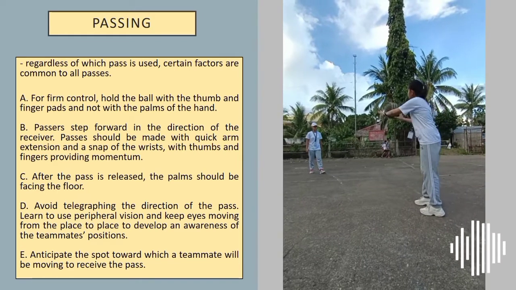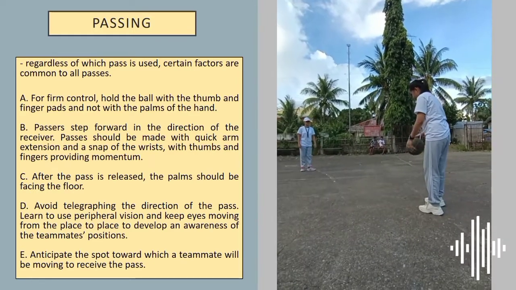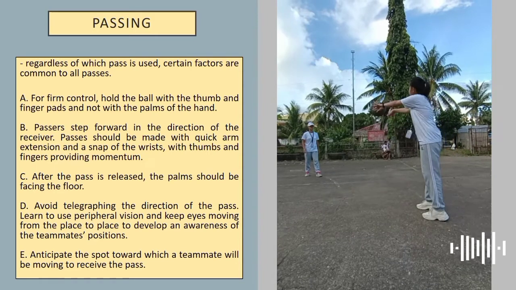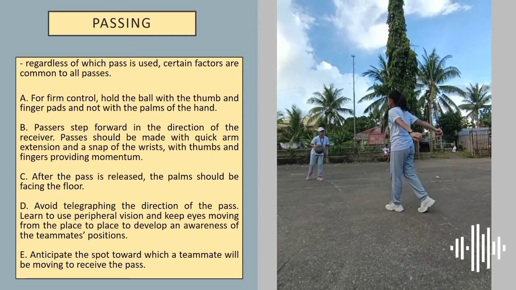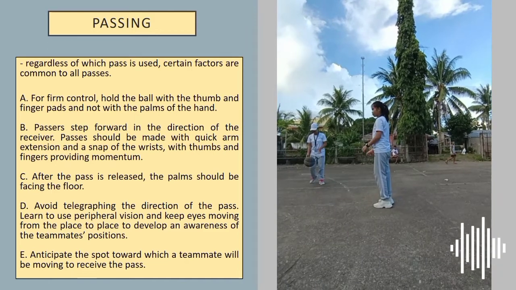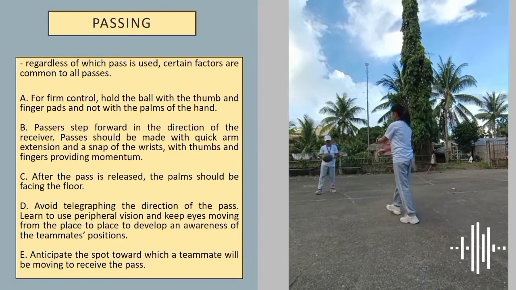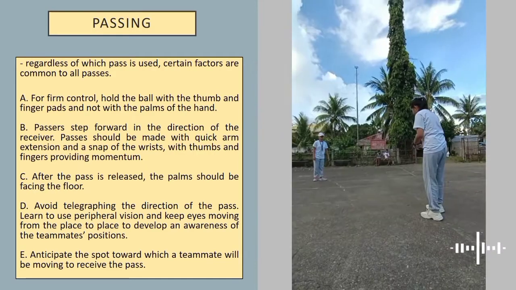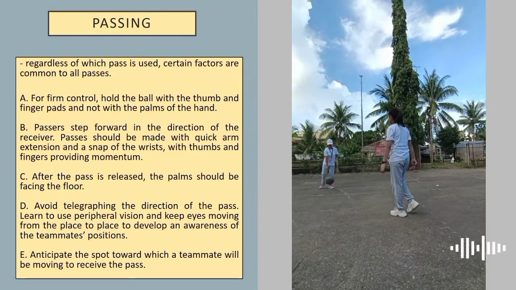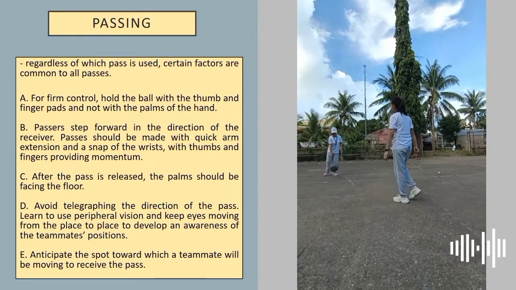First, for firm control, hold the ball with the thumb and finger pads and not with the palm of the hands. Second, passers step forward in the direction of the receiver. Passes should be made with quick arm extension and snap of the wrists with thumbs and fingers providing momentum. Third, after the pass is released, the palms should be facing the floor.